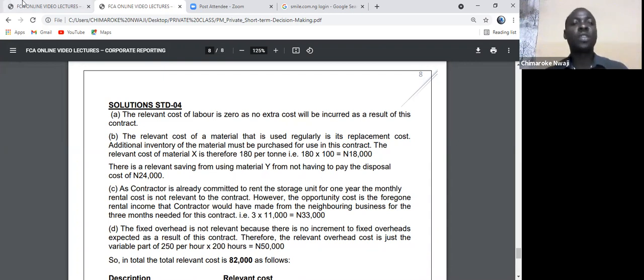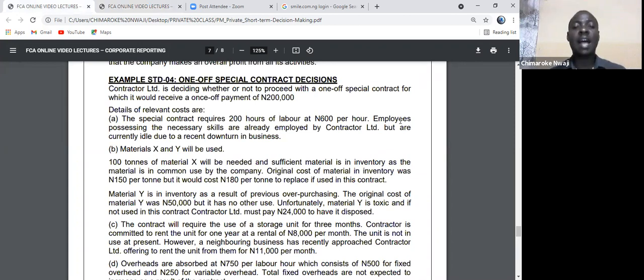So it means that whenever people are already in permanent employment, you don't need to pay them this 600 naira per hour for the 200 hours, because by employing them as permanent workers, you have already paid them.